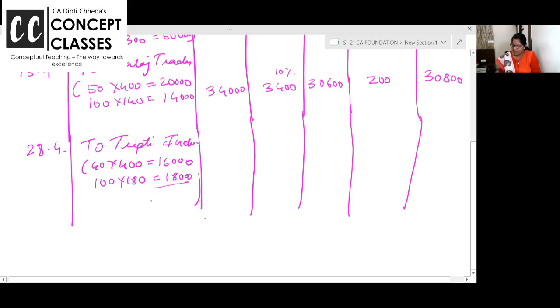Or 34,000. Again, what is the discounting? See, here it is 10%. For every party, you may have different discounts. And freight charges is 100. So 30,700.